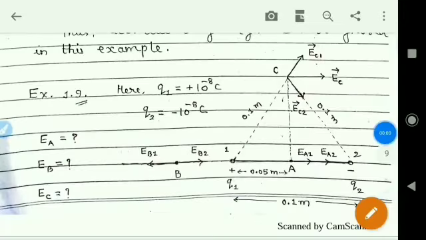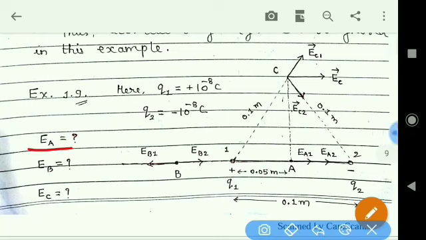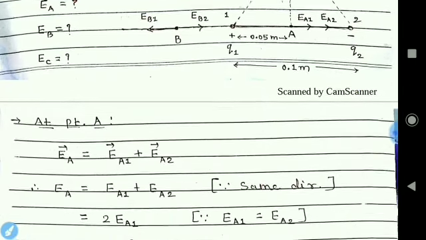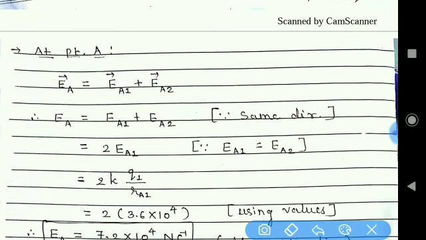Now we are supposed to find the electric field at point A, at point B and at point C. First we are going to find the electric field at point A. So for that, as I explained, the electric field at point A is due to the charged particle at point 1 as well as due to charged particle at point 2.